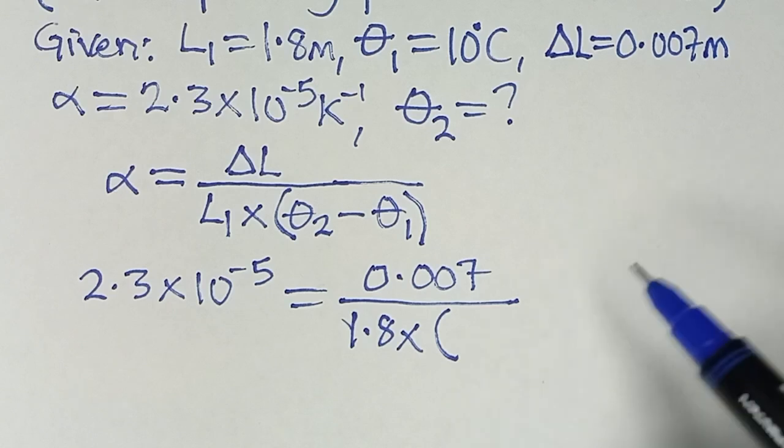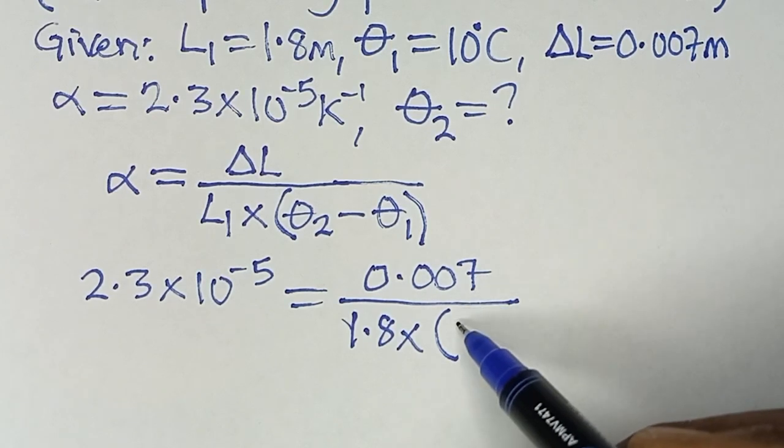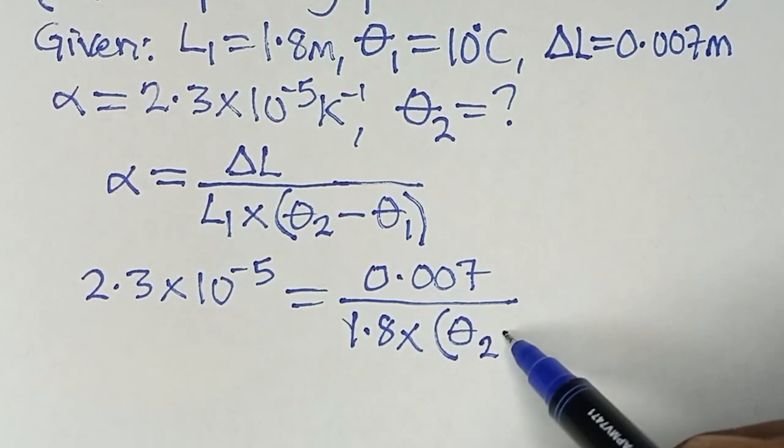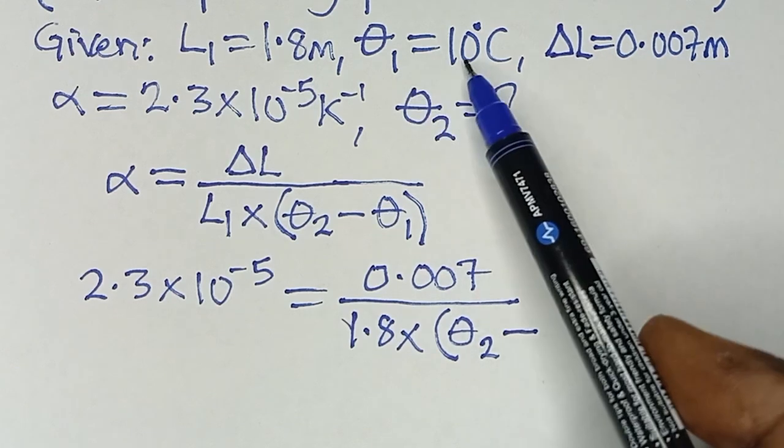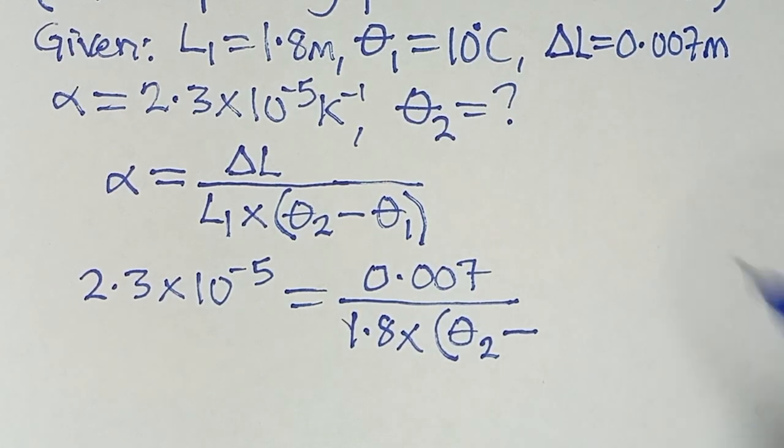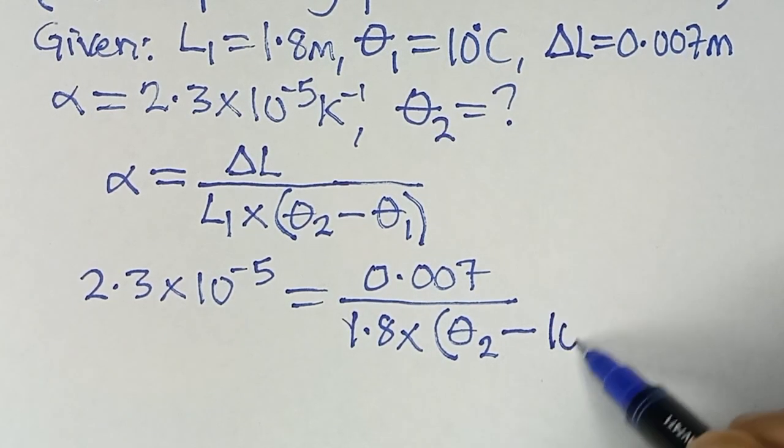Theta 2 is what we are looking for. So I write it as theta 2 minus theta 1, which is 10 degrees Celsius, 10. So that's the value for theta 1.